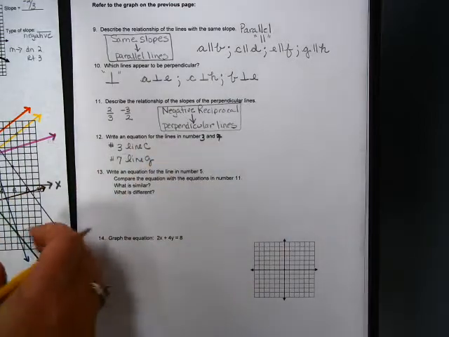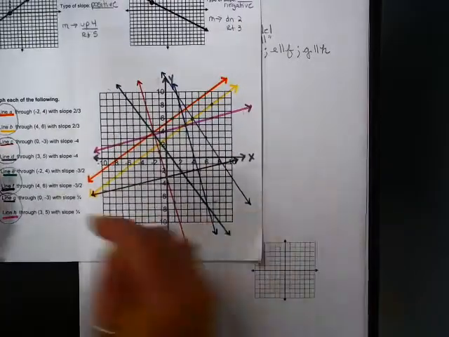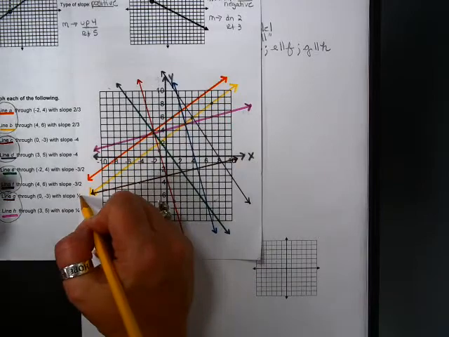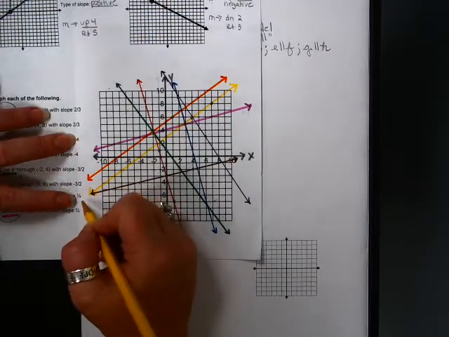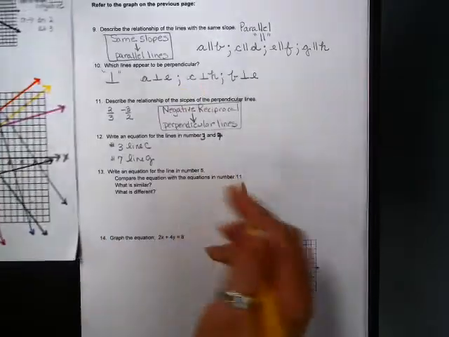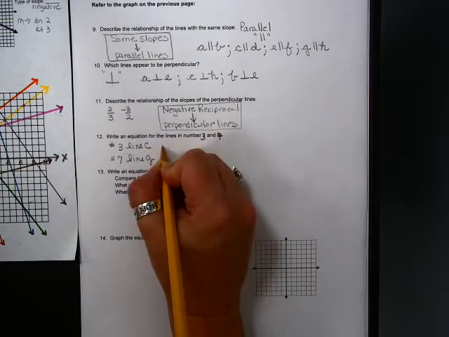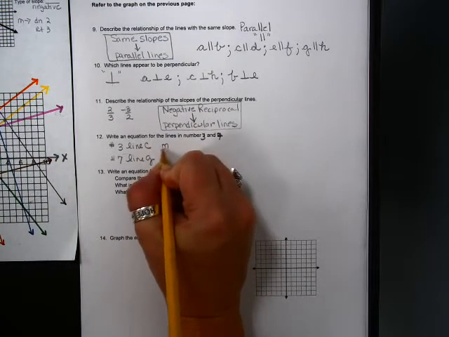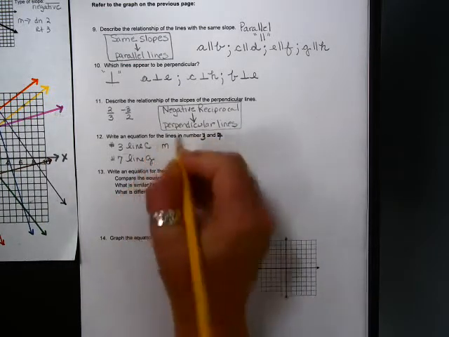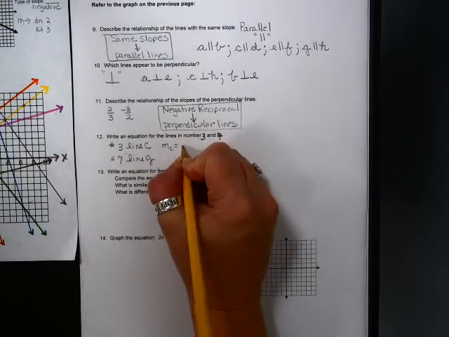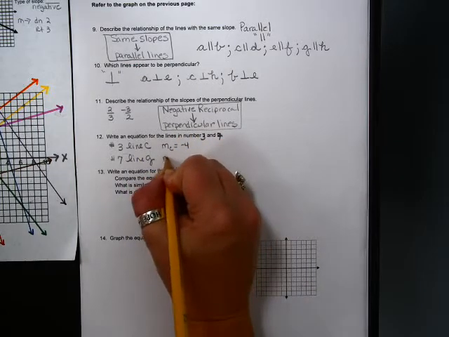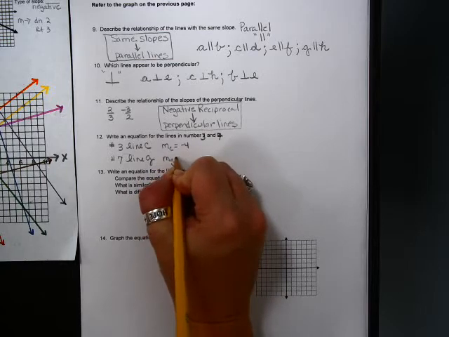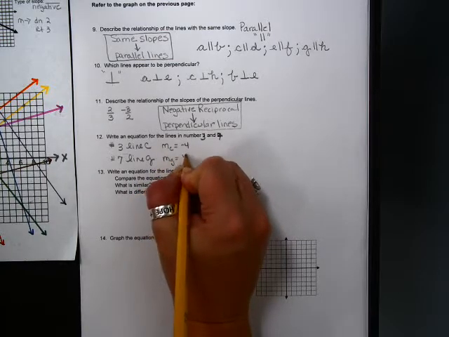If you look at those, line C is -4, and this one is 1/4. So the slope, I'm going to use the letter M to represent slope. The slope of line C was -4, and the slope of line G was positive 1/4.